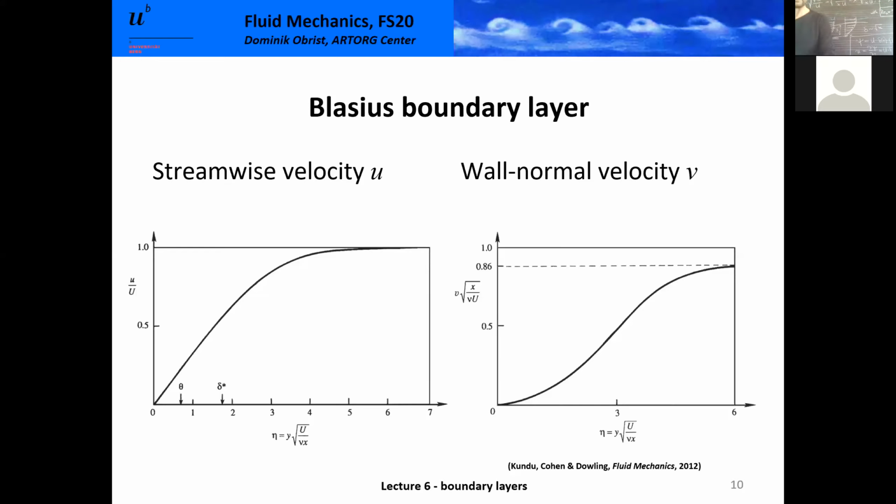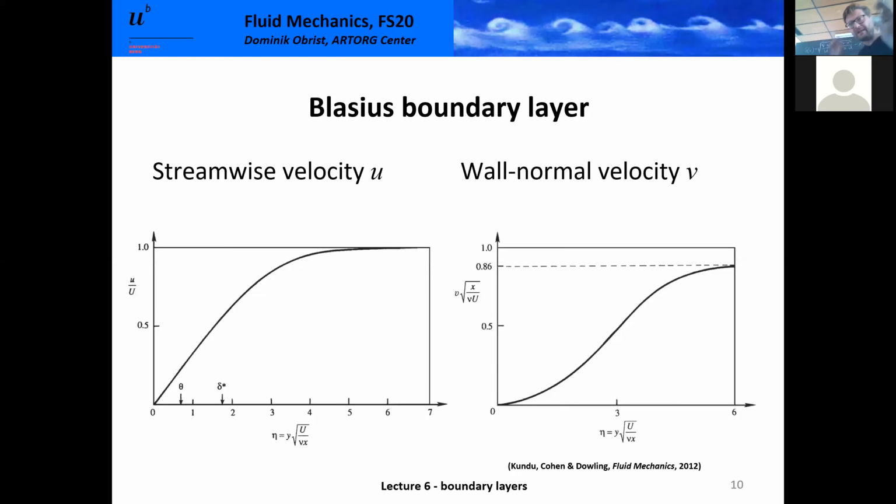Let me just finish up before we take a break with some more results on the Blasius boundary layer. First of all, there's something which may or may not confuse you, or at least it confused me when I saw it first. I introduced this whole story with this boundary layer thickness delta. I told you it was a bit of genius of Blasius and of Prandtl to find this expression for delta.